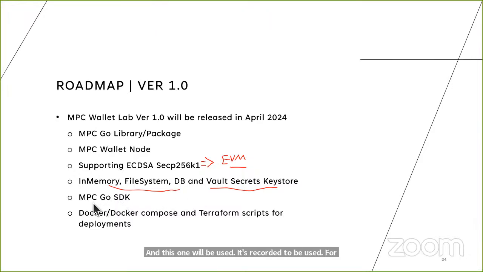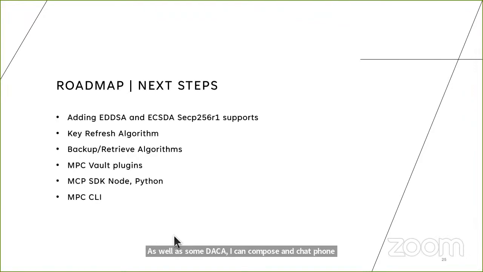In the first version, we are going to provide the MPC Go SDK, as well as some Docker Compose and Terraform scripts for deployments. And for the next steps, we are going to add ECDSA, EdDSA, and ECDSA R1 algorithms to the MPC.